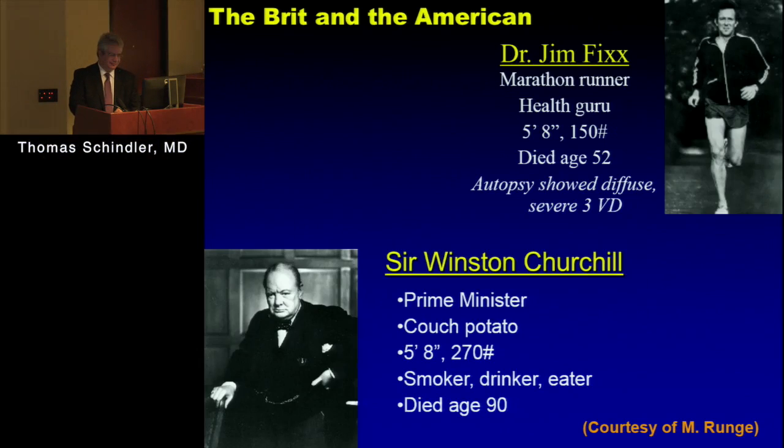So, you know, probably in the 70s, 80s, you had Dr. Jim Fixx, a health guru, marathon runner, no apparent cardiovascular risk factors. He died age 52 suddenly, cardiac arrest. And then you have also Sir Winston Churchill, any risk factor you can imagine.